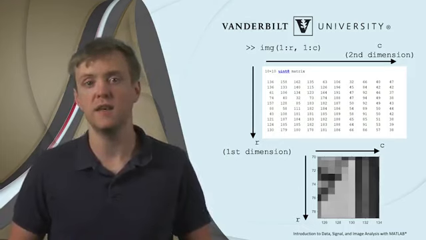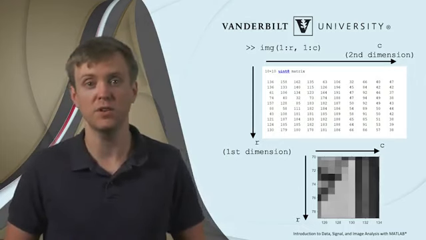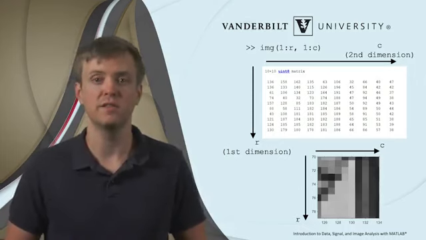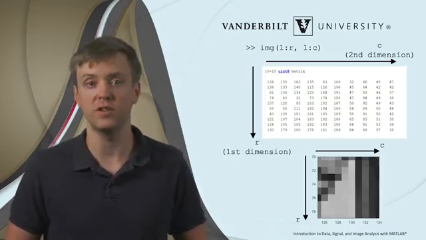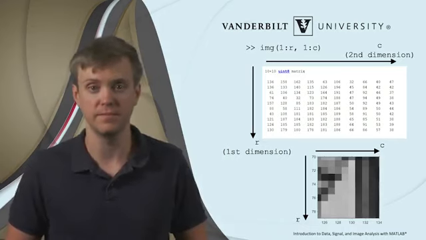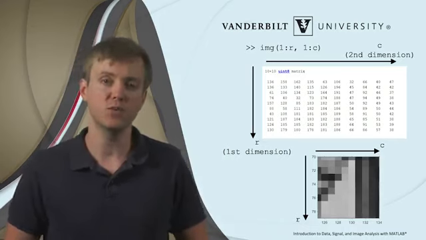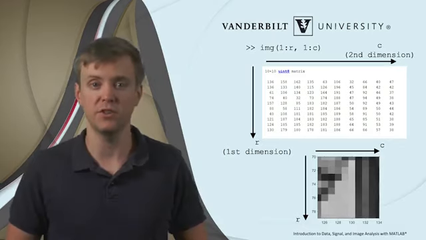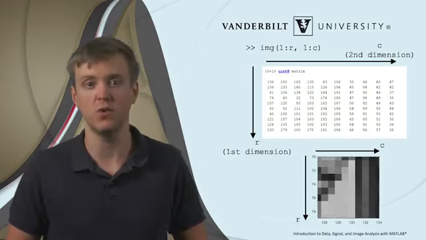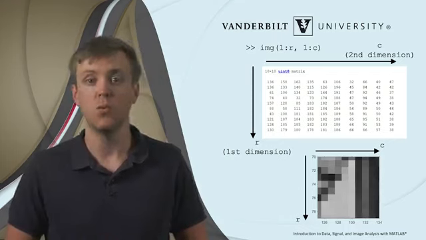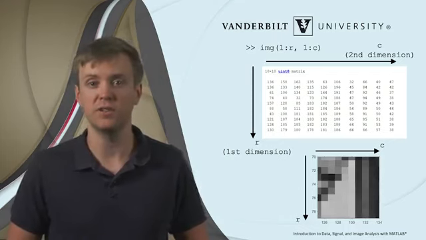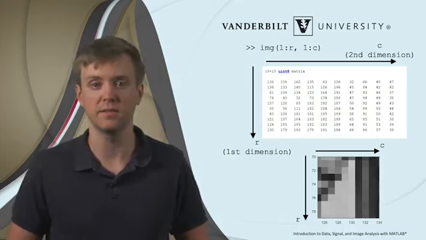When we visualize the image in a figure window, it is important that we explicitly note this is very different from the XY coordinate system we use for plotting. With the standard XY coordinate system, X is the first dimension and it increases to the right on the horizontal axis. Y is the second dimension and it increases up the vertical axis.